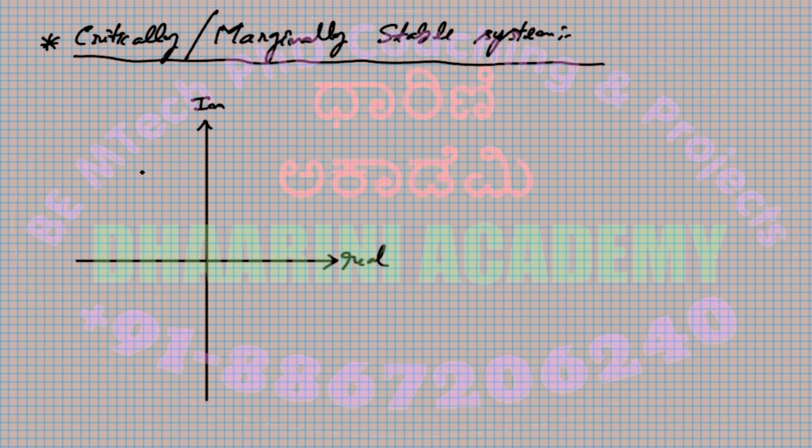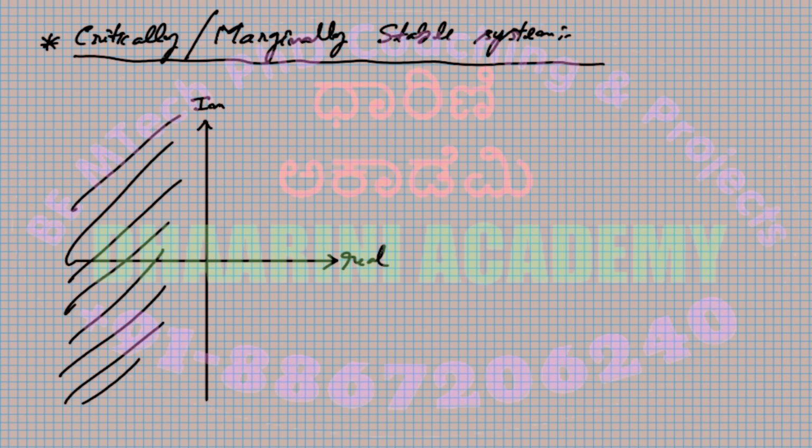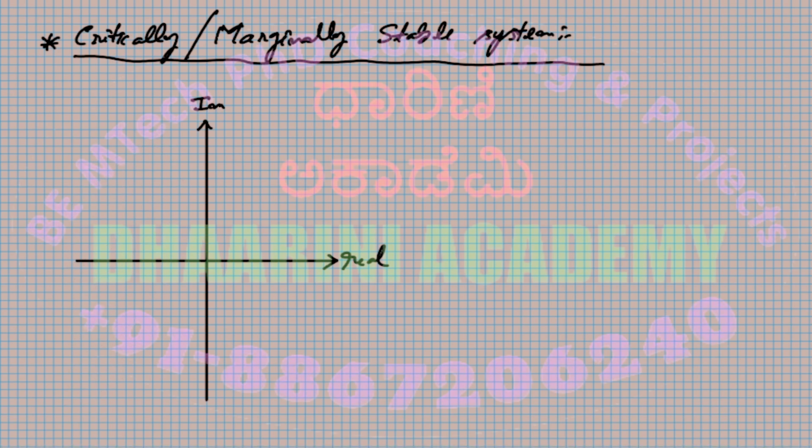We are saying that the left is my stable region and the right side is my unstable region, so this y-axis, the imaginary axis, becomes the margin, where things change as we move from left to right.